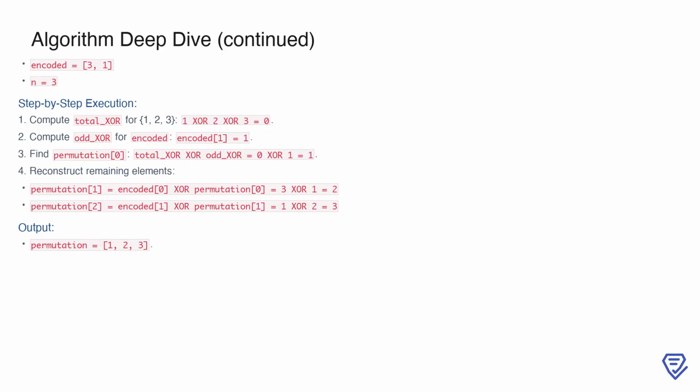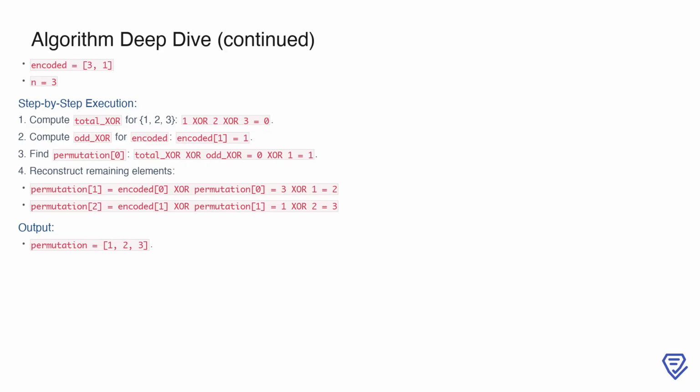With the first element determined, we can reconstruct the remaining elements. The second element is calculated as permutation[1] equals encoded[0] XOR permutation[0], which is 3 XOR 1 equals 2. Similarly, the third element is found as permutation[2] equals encoded[1] XOR permutation[1], which is 1 XOR 2 equals 3.